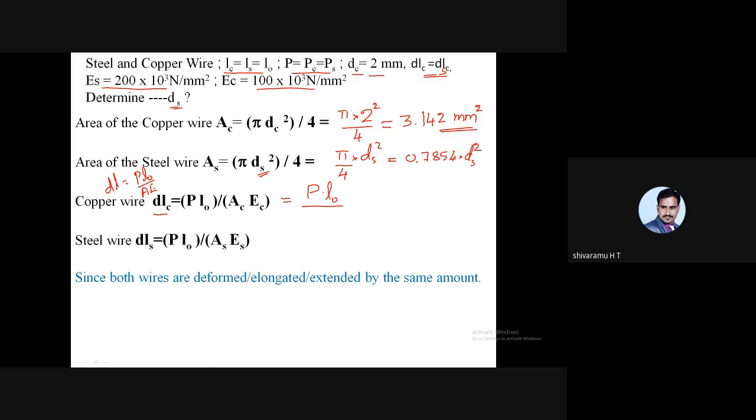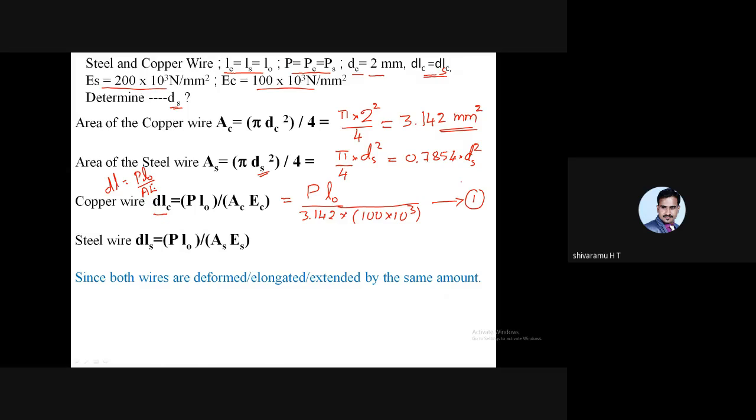And next, area of the cross section of the copper wire, we got 3.142, and Young's modulus for the copper wire is 100 into 10 power 3 Newton per square millimeter. I'm going to consider this as equation number 1.